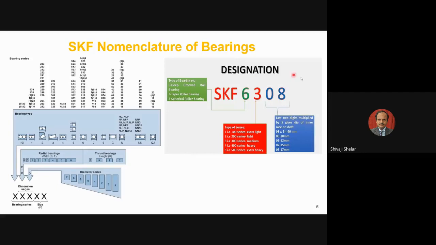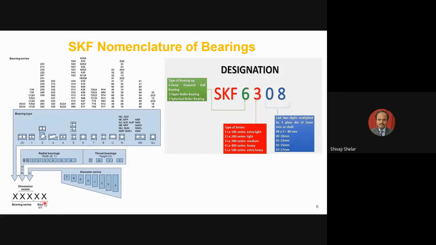So this is a very short designation I have shown here. This is with 4 digits, and this is the 5 digit designation. The last 2 digits tell about the shaft size, which is expressed as D by 5.